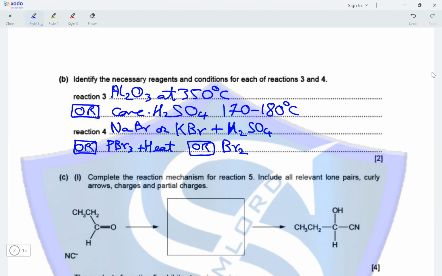In fact, alcohol will not react with bromine directly, we can have alcohol reacting with PBr3 and heat. So these are the two conditions for the production of the bromopropane molecule from propan-1-ol.